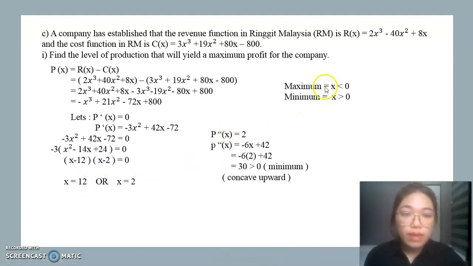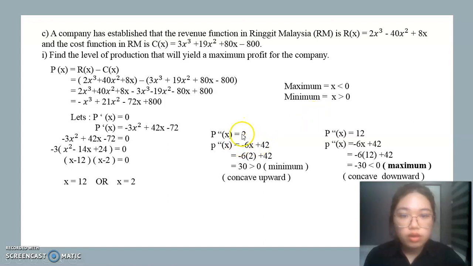As we know, when the second derivative is smaller than 0, it reaches the maximum, and when it is larger than 0, it is the minimum point. So we have to test these two critical points and find out which one can reach the maximum profit for the company.